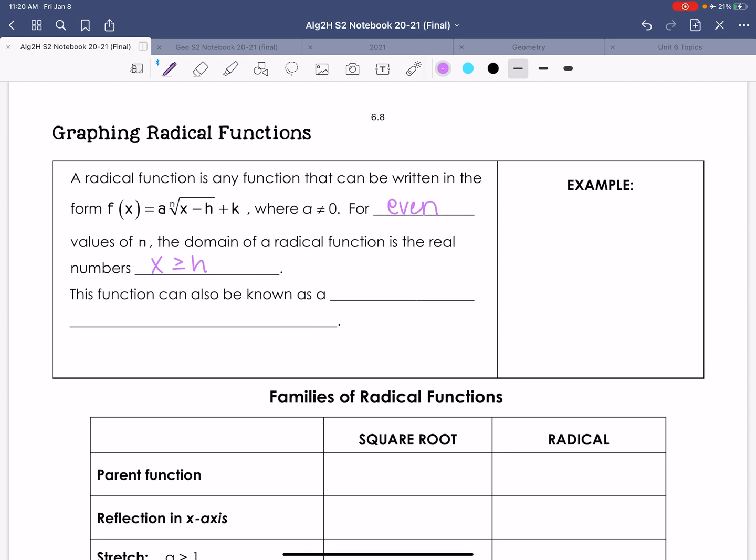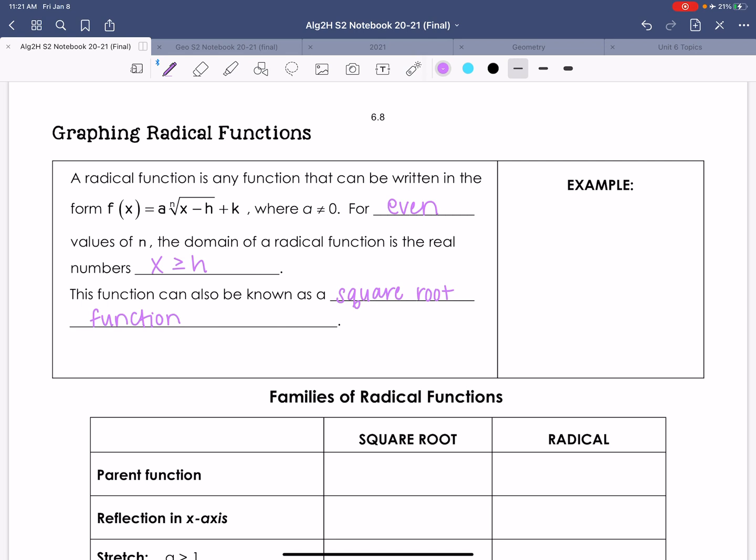This function can also be known as a square root function. But it's not necessarily always going to be a square root. We could have a cube root, a fourth root, etc.